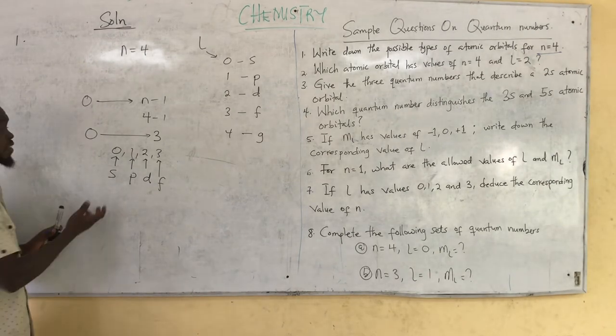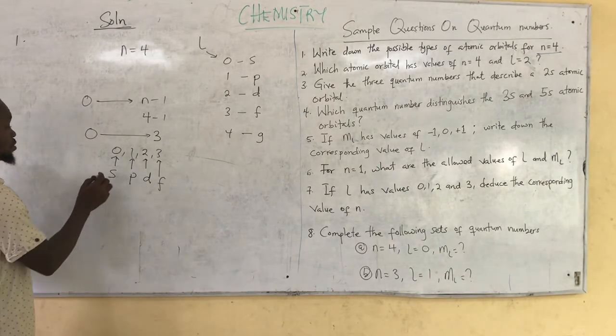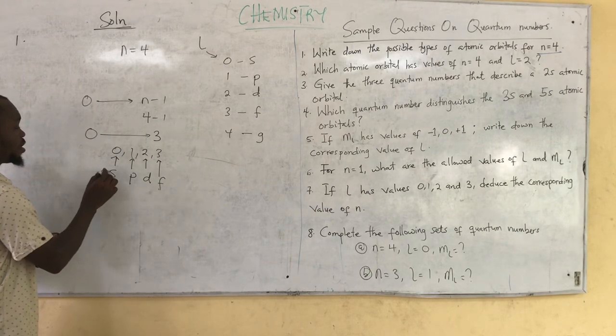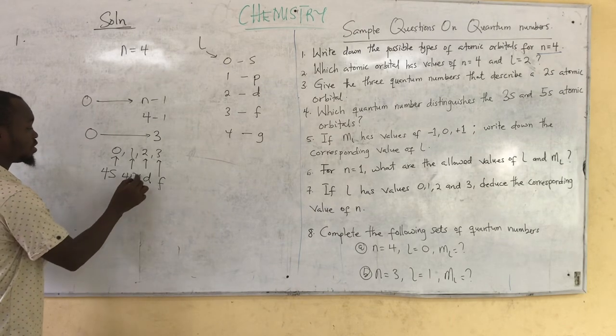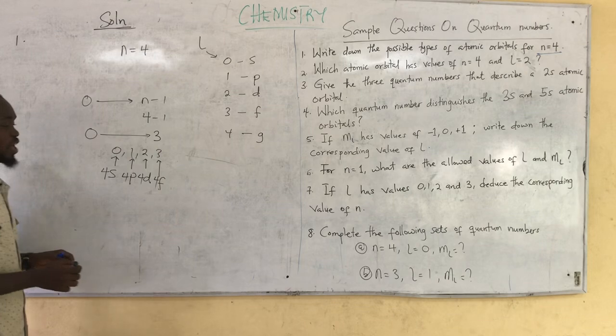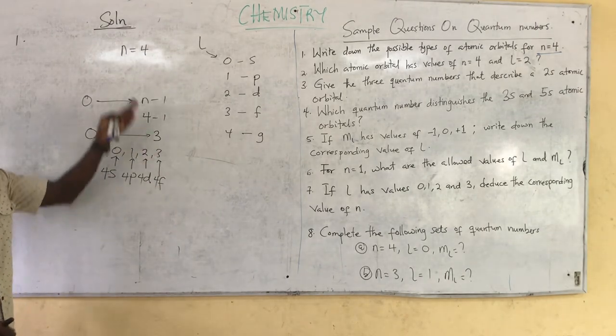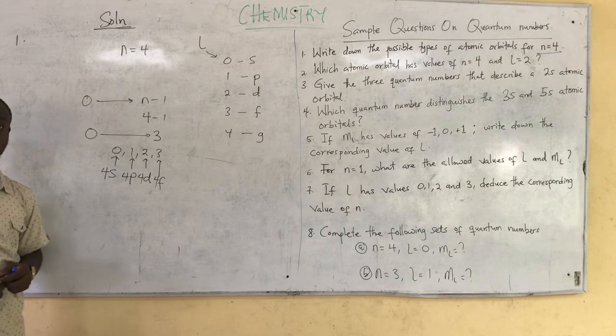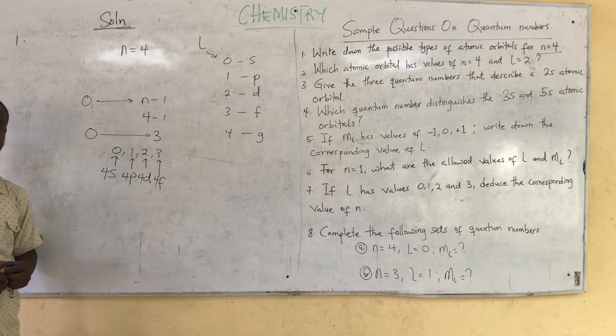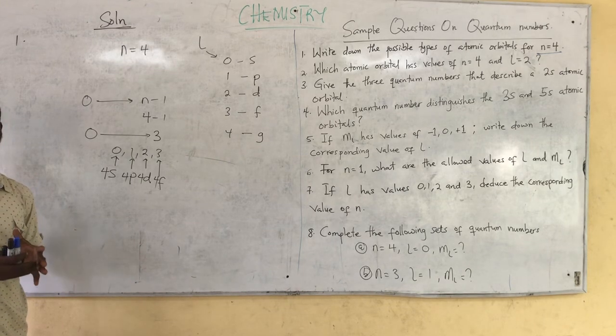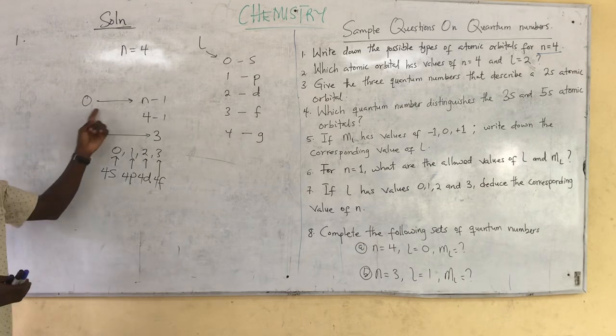Since they are in the fourth energy level, we write them accordingly. So it means in the fourth shell, we have the 4s orbital, the 4p, the 4d, and the 4f orbital. These are the possible types of orbitals present in n is equal to 4. So to know the orbitals present in each energy level, we use the value range 0 to n minus 1.